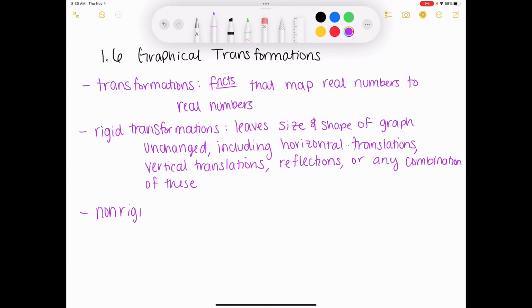Non-rigid transformations distort the shape of the graph.